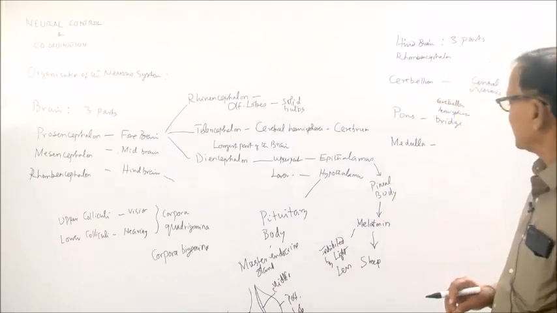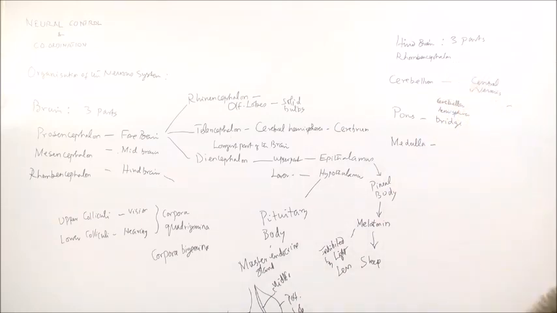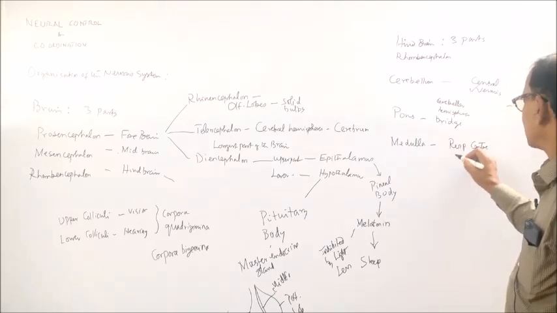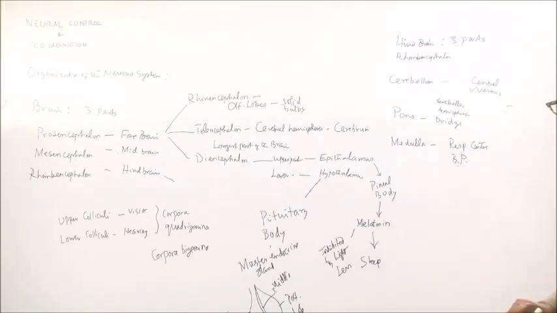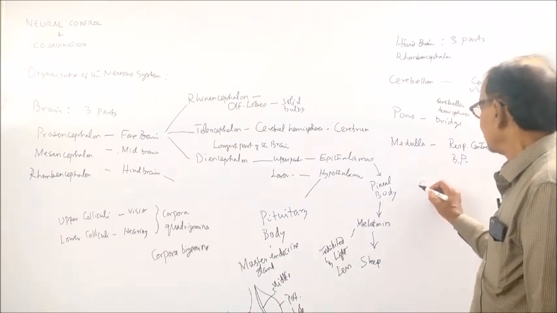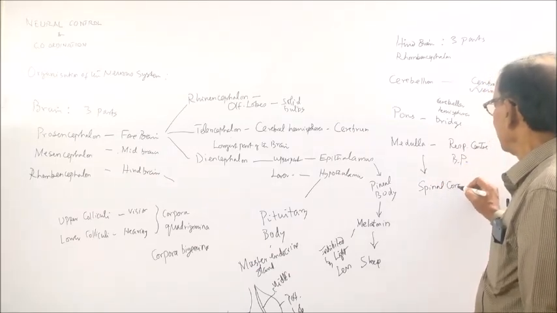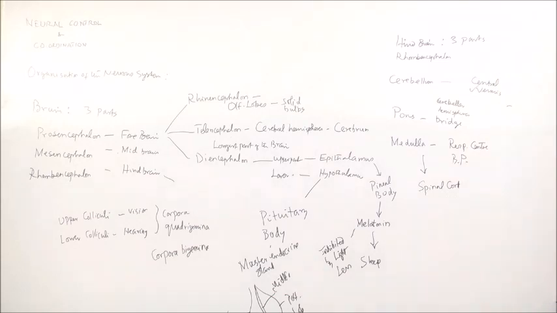Medulla is an important center of activity for the autonomic nervous system, and it contains the respiratory center, most important. The respiratory center and BP center are located in the medulla, and this medulla is continued posteriorly as the spinal cord, passing through the hole at the base of the skull that is called foramen magnum.